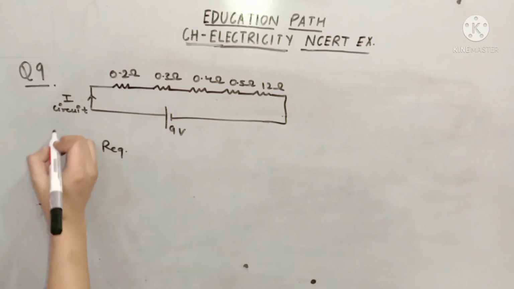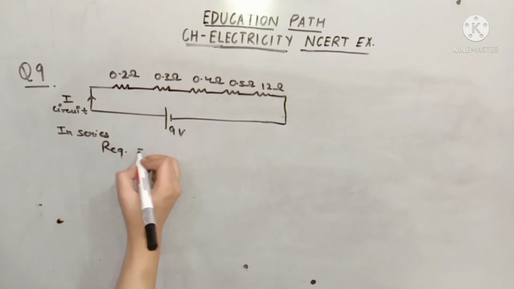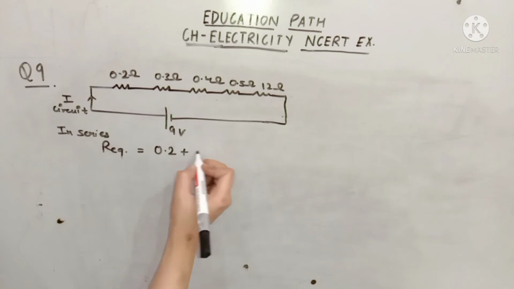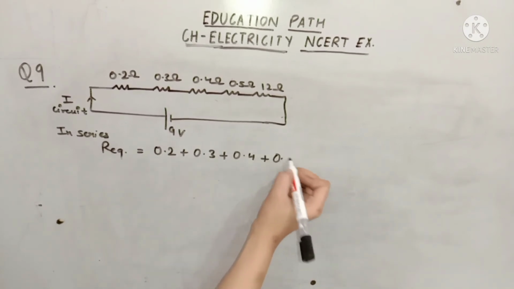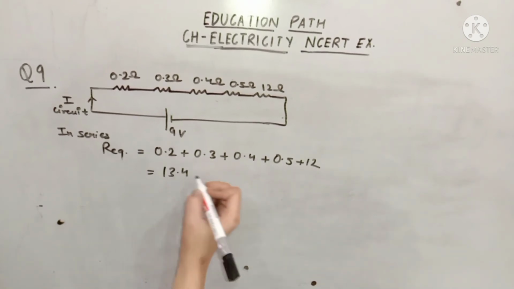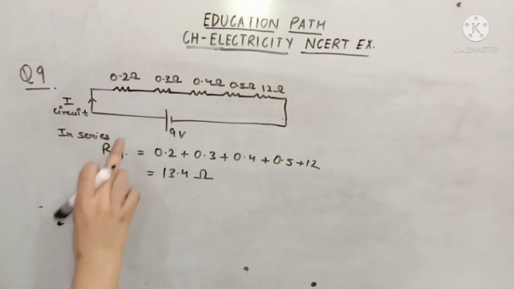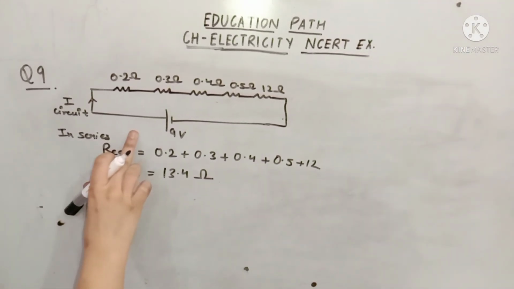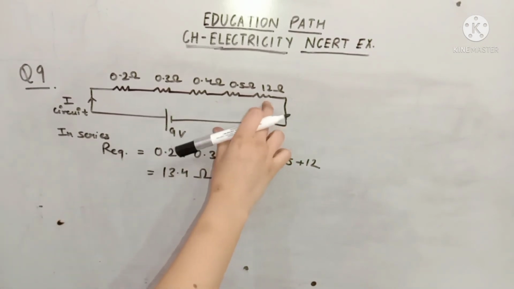Equivalent resistance. Since they are in series, the equivalent resistance will be 0.2 plus 0.3 plus 0.4 plus 0.5 plus 12, which is equal to 13.4 ohms. Since they are connected in series, the current in the circuit will be equal to the current in the 12 ohm resistor.